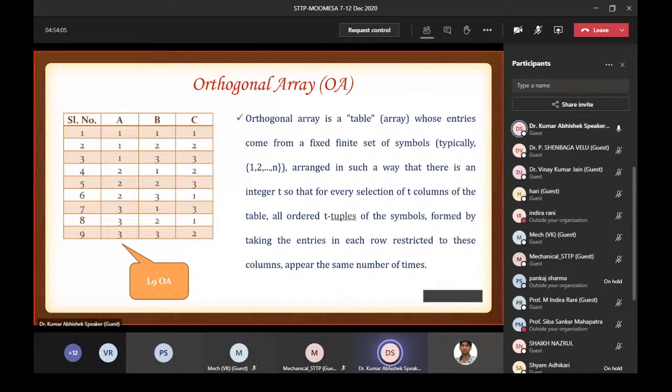So in the lattice matrix, suppose the total number of experiments is 27, and your aim is to minimize this number.